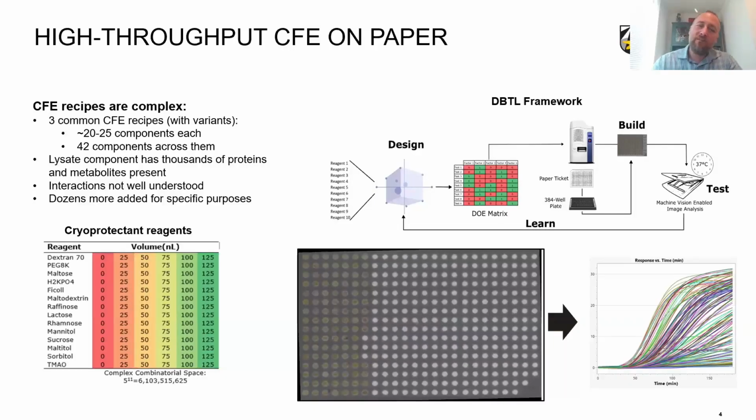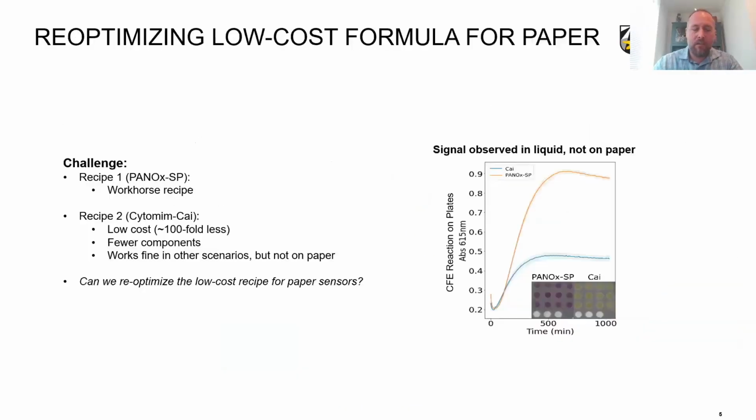So we set up a framework to do high throughput experimentation here using JMP software and design of experiments to reduce the search space to something more manageable. Then we make these 384 spot paper tickets to allow us to do a bunch of reactions at once, use acoustic liquid handling to dispense these different reactions, and then some custom instrumentation that does the analysis of the color change over time and extracts that information.